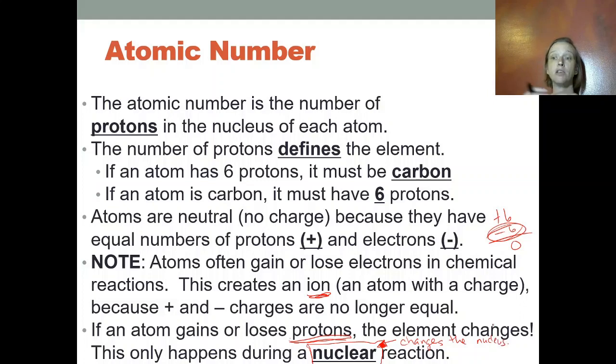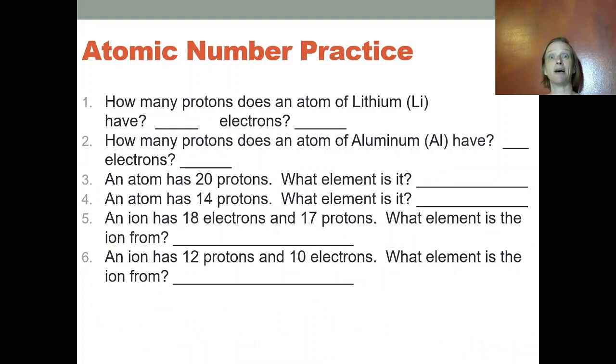Because protons and neutrons are in the nucleus of an atom, you can only change those features in a nuclear reaction. Here are some atomic number practice problems for you to try using your periodic table, and pause the video and then come back and check your answers.